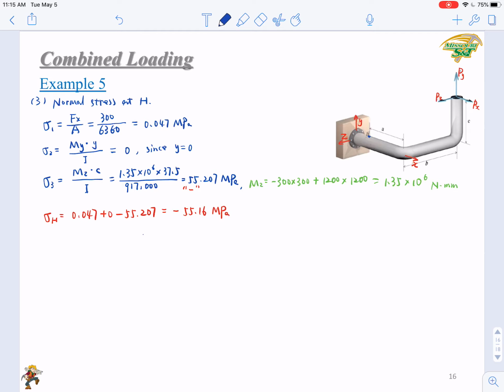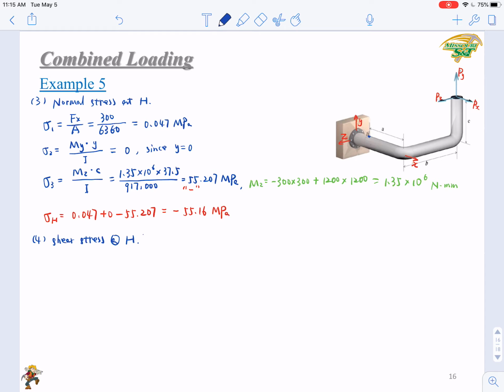Okay, so then let's look at the shear stress at point H. For this, you also need to realize that you may have three different things contributing to the overall shear stress at point H. Well, they are the torque, Tx, and these two shear forces, Vy and Vz, correct?